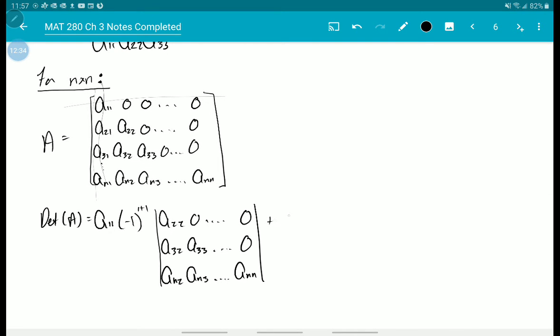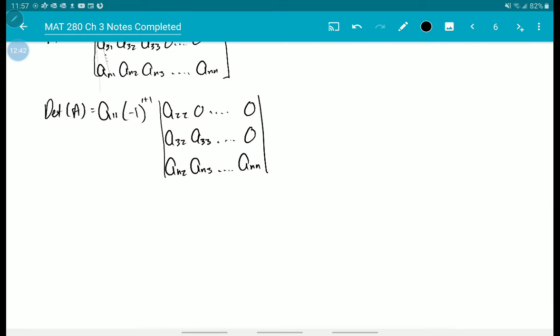And then we would have plus 0 times some stuff, plus 0 times some stuff. But since 0 times anything is 0, it's unnecessary to show that. So then we would have a11 times negative 1 squared, which would be a positive 1. So this is just going to be a11 times this determinant.